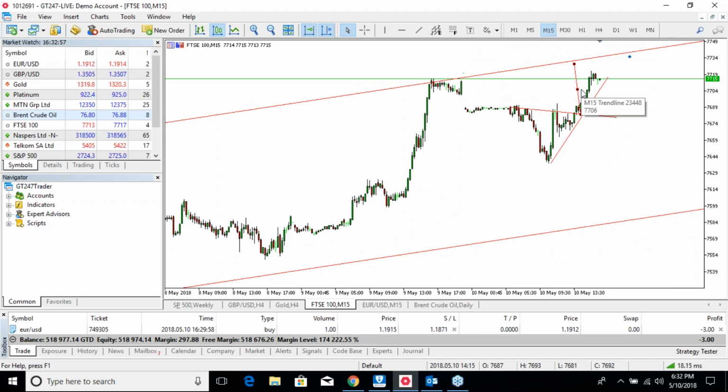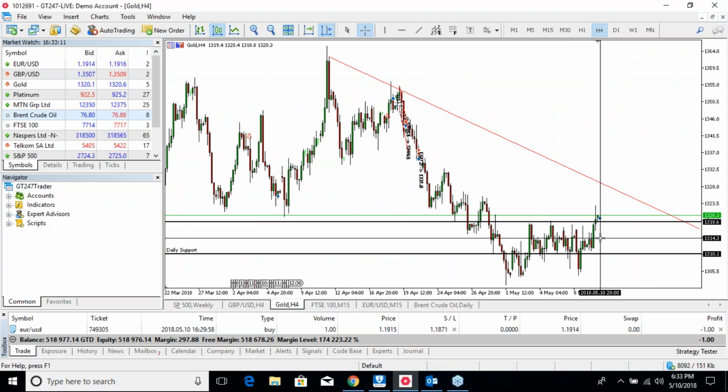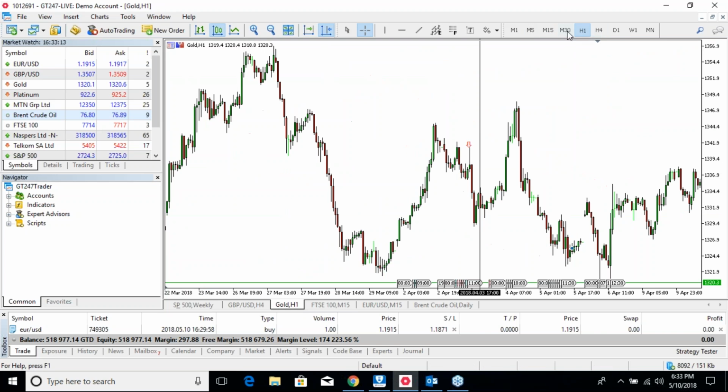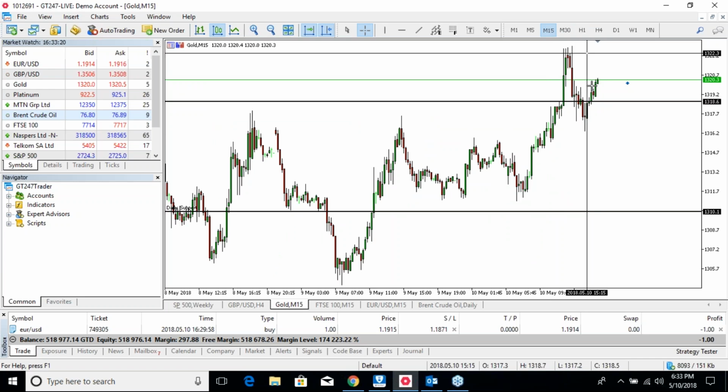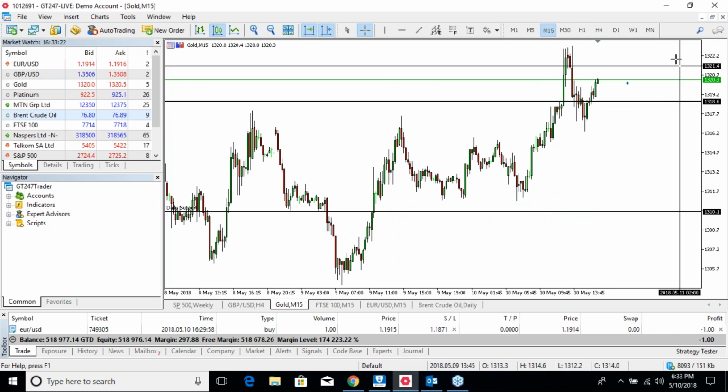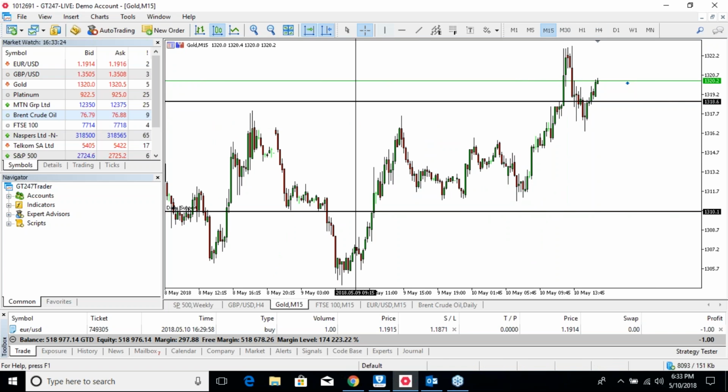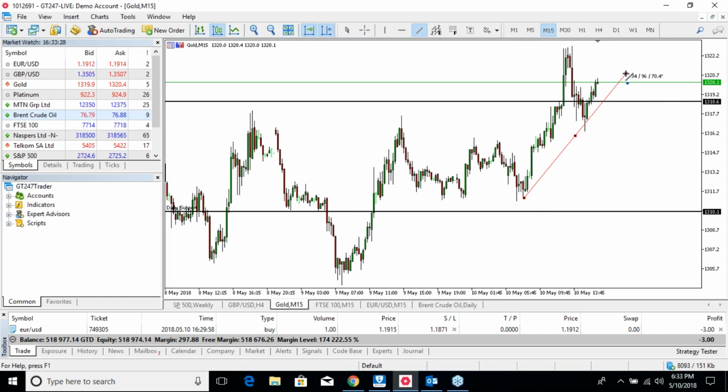And if we have a look here, there is still some potential growth in this trade. It's not much. So we're going to skip that. This is the one I'm quite excited about. Okay, it's broken out clearly, and as you can see, here's the bottom trend line there.